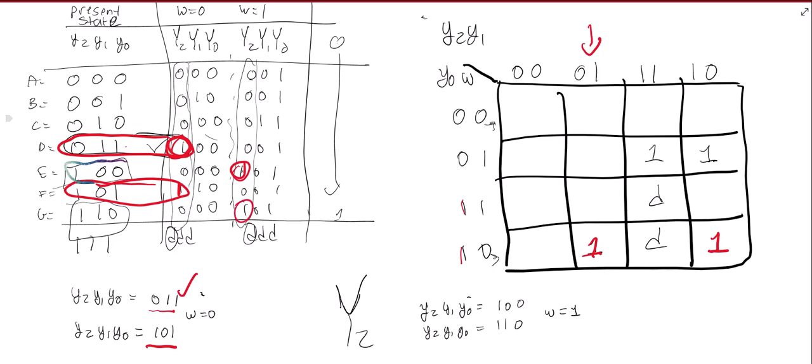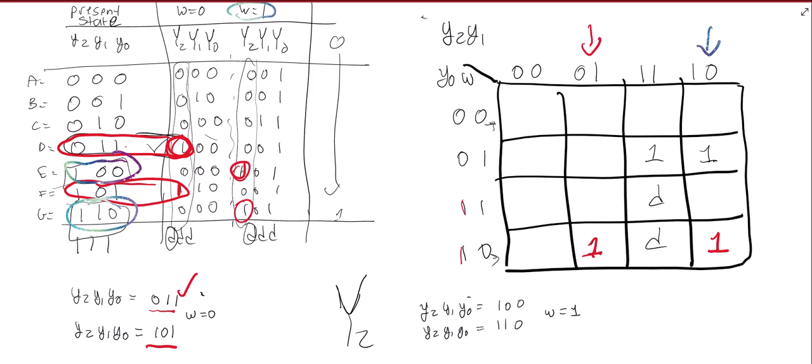Those correspond to these values. So this one happens when Y2, Y1, Y0 is 1, 0, 0, and W is 1. And this one when Y2, Y1, Y0 is 1, 1, 0, and W is 1. So Y2, Y1 is 1, 0. That's this column right here. Y0 is 0.